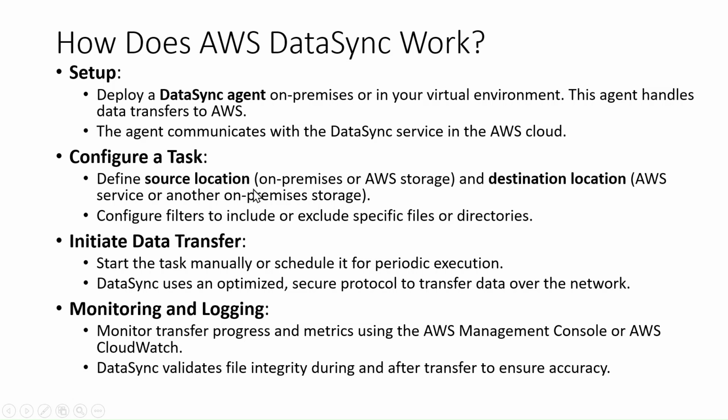Next is configuring the task. Define the source location, that is where you want the data from, on premises, and the destination location, whether it is an AWS service or another on-premises data storage. And configure filters to include or exclude specific files.